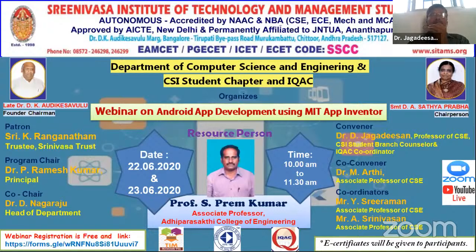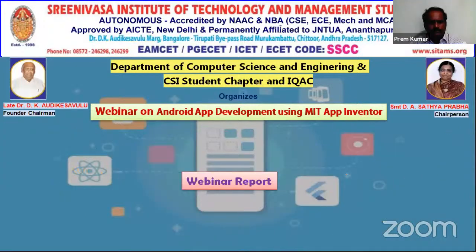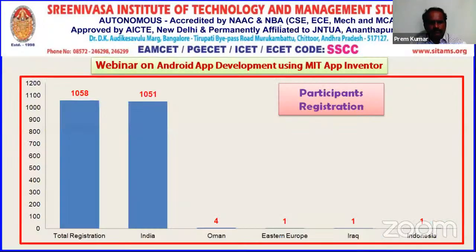Now to summarize how many people registered for this seminar: who are from India, who are from foreign countries, and how many from different states. In total, 1,058 registrations were issued.